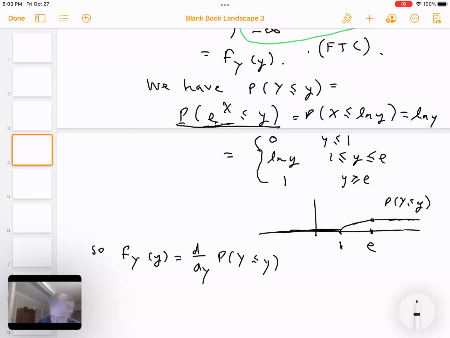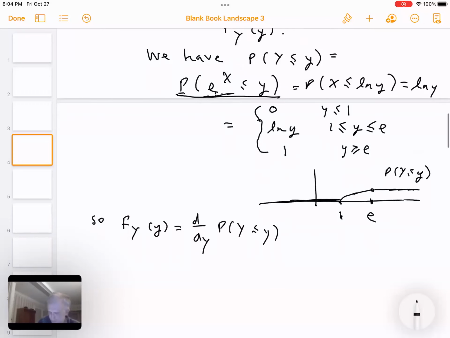Taking the derivative is easier, and you can just take the derivative of each piece in turn. The derivative of 0 is 0. The derivative of 1 is 0. So this is piecewise, but only for 2 things. So it's 0 else. And the derivative of ln y is 1 over y here, and this would be for y between 1 and e.